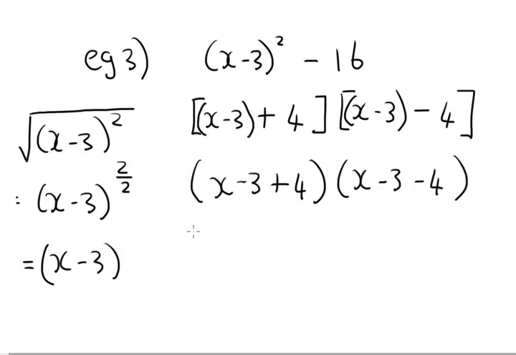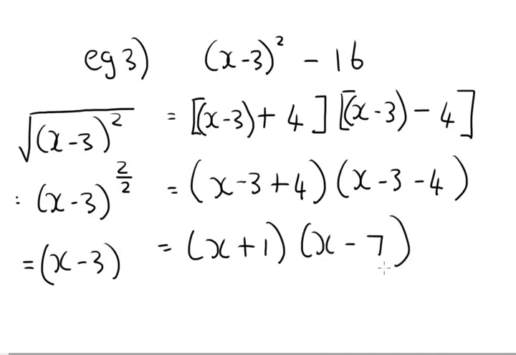And so my final answer will be x plus 1, x minus 7. Please do take note that sometimes there's different ways to get to the answer, just as long as we're not breaking any laws. So I could have either done this step, or I could have skipped this first step over here.